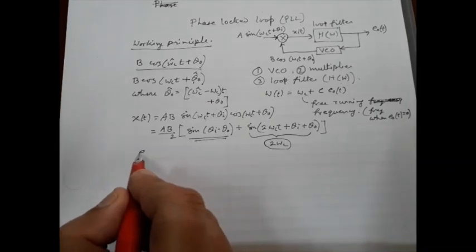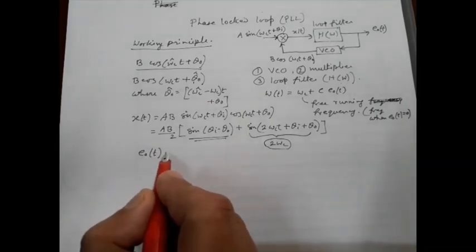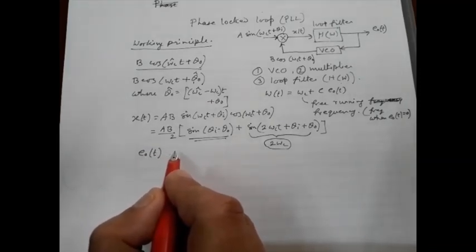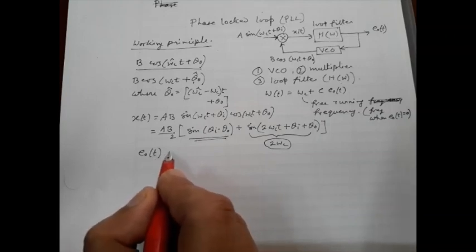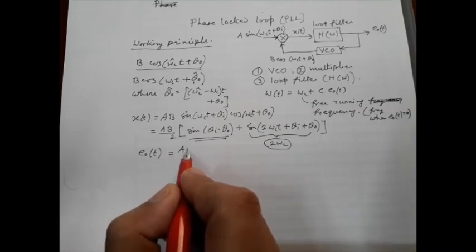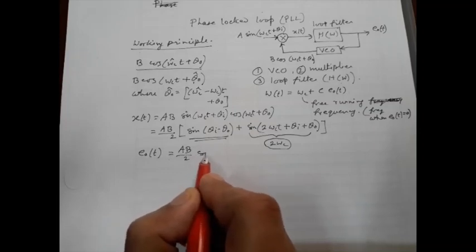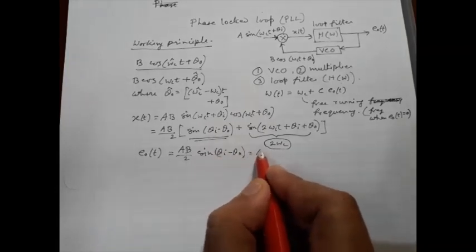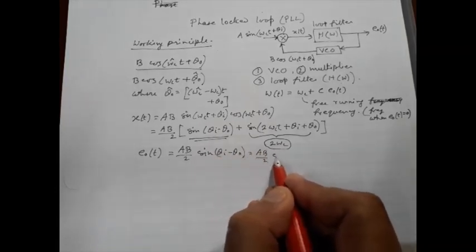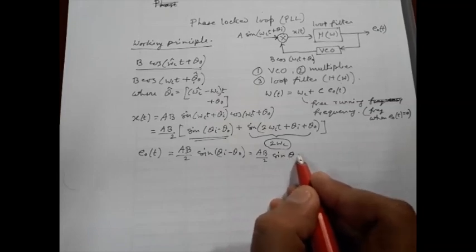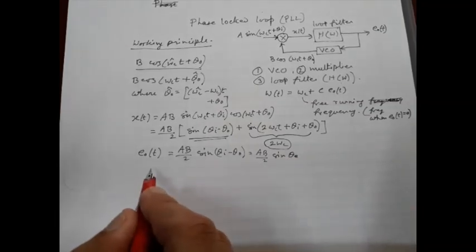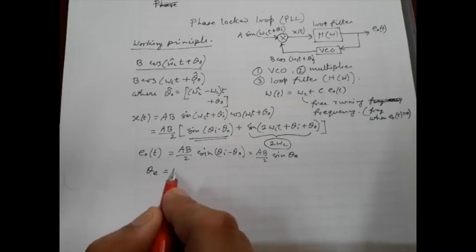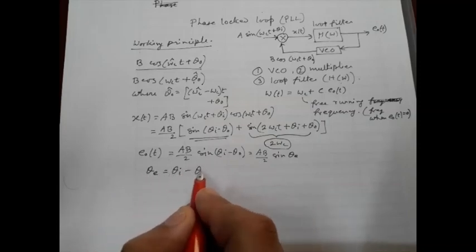So output E0(t), also called the error voltage, is equal to AB by 2 sine of (theta I minus theta 0), that is equal to AB by 2 sine of, say, theta E. Theta E is the phase error, where theta E equals theta I minus theta 0.